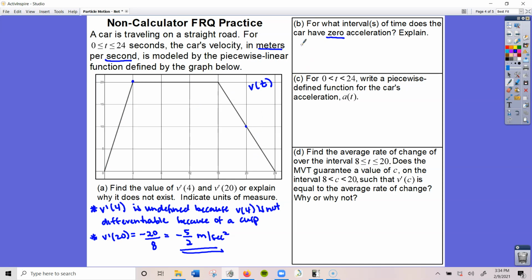And so we would say a of t is equal to 0 on the graph when v of t is constant, because that would indicate that there is 0 slope, which occurs on the interval from 4 to 16.